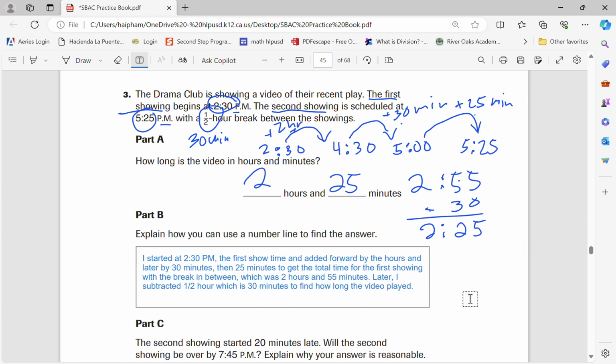Okay, so a lot to write there, but we did a lot of math there as well. So when there's a lot of math involved, there's a lot of explaining to do here.